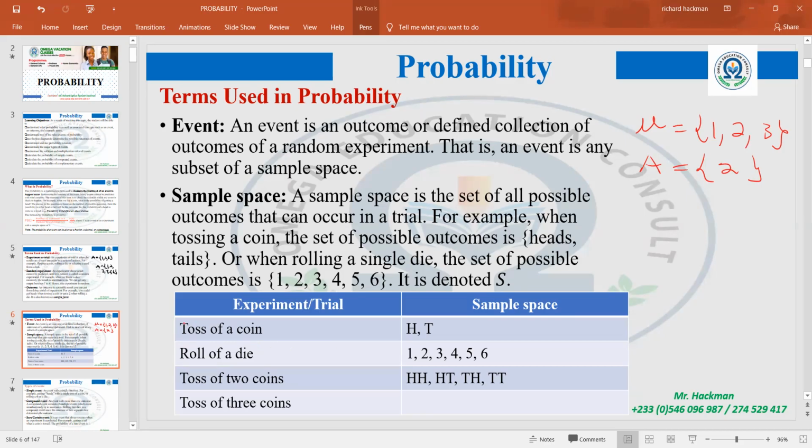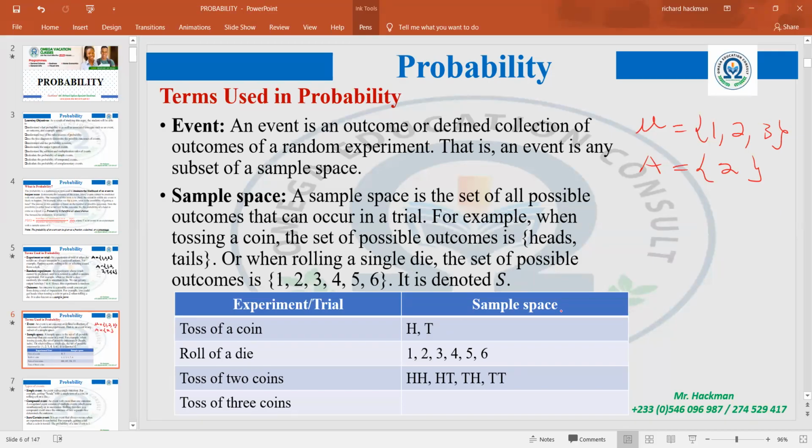So let's look at it: if you toss a coin, you know that either you get a head or a tail. I want someone to tell me, how do you determine that this part of the coin is the head and this part is the tail? How do you make that determination? How do you distinguish between the head and tail of a coin?